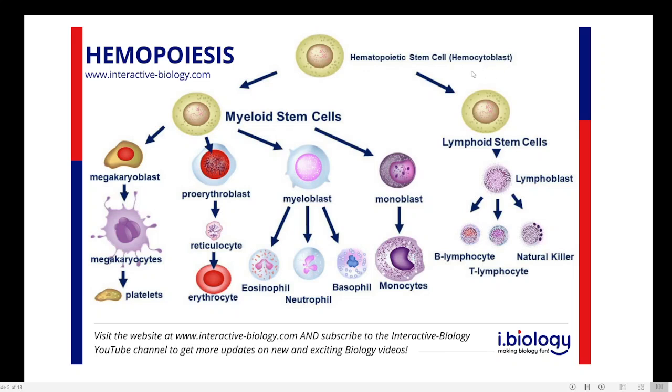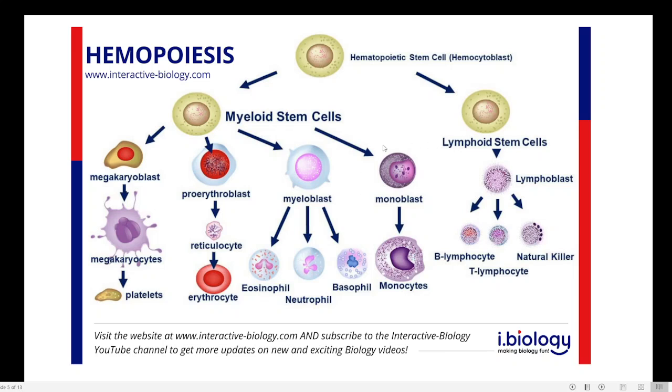So this hemocytoblast can differentiate into either myeloid stem cells or lymphoid stem cells. If it is converting into myeloid stem cell, different possibilities are there. It can form platelets, it can form erythrocyte, or it can form different types of WBC like neutrophil, eosinophil, basophil or monocyte.